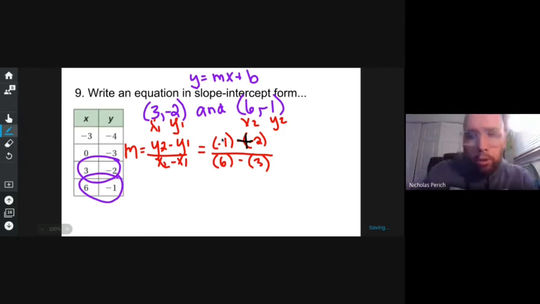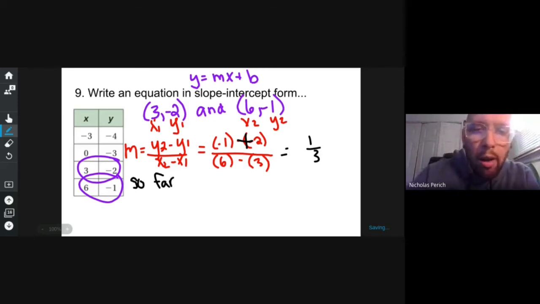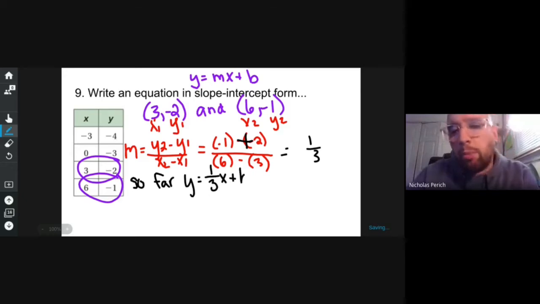Look at there. I have a double negative up top. So negative 1 plus 2 is 1. 6 minus 3 is 3. So what I have so far is y equals, instead of m, 1/3 x plus b.